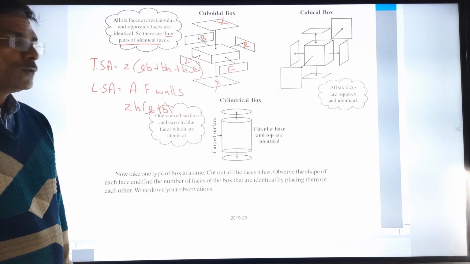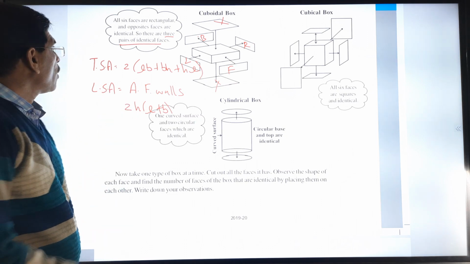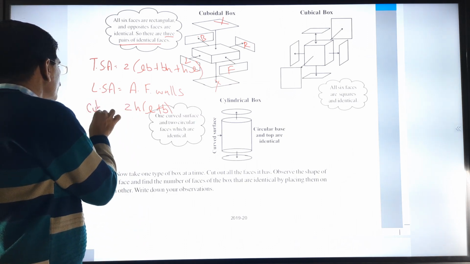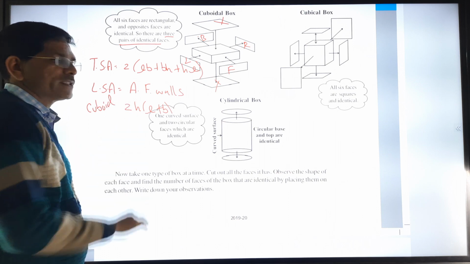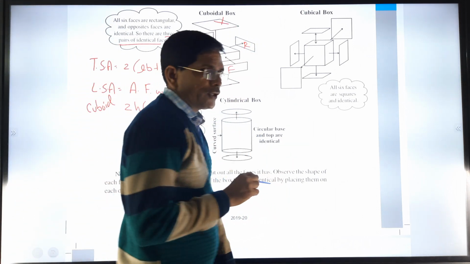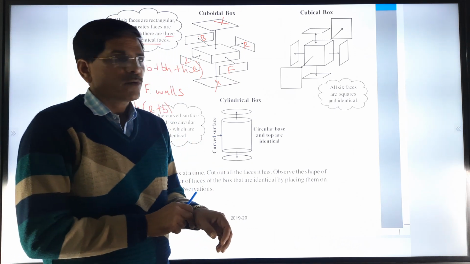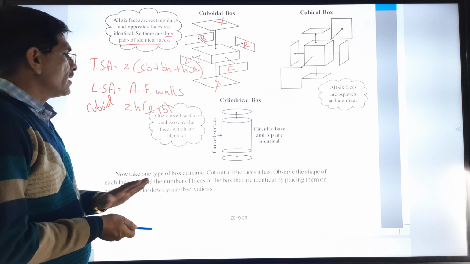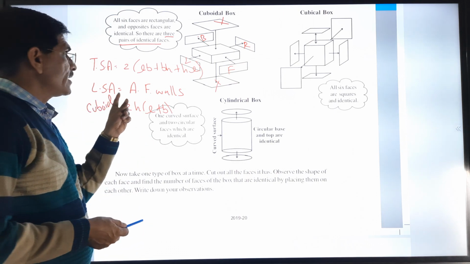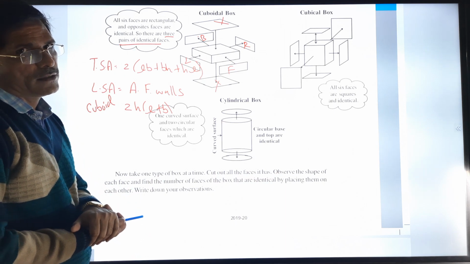That is the lateral surface area of cuboid. The formulas you have to write at least 5 times: 2 into (LB plus BH plus HL), and another formula 2H(L plus B), the lateral surface area of cuboid, or area of 4 walls.